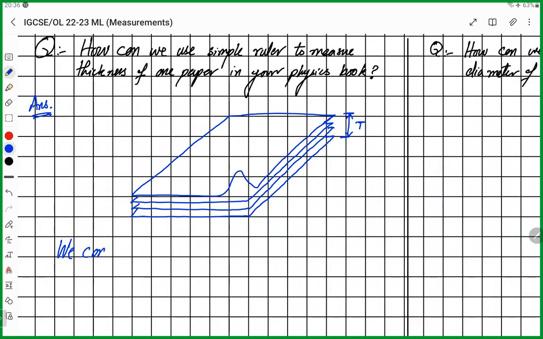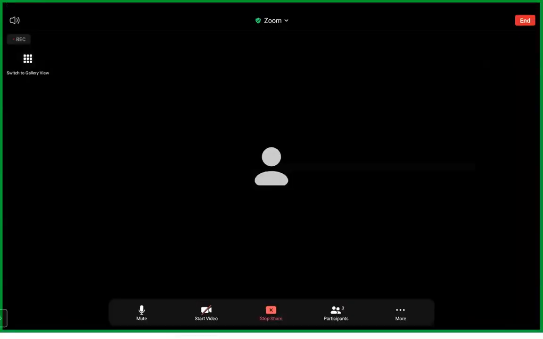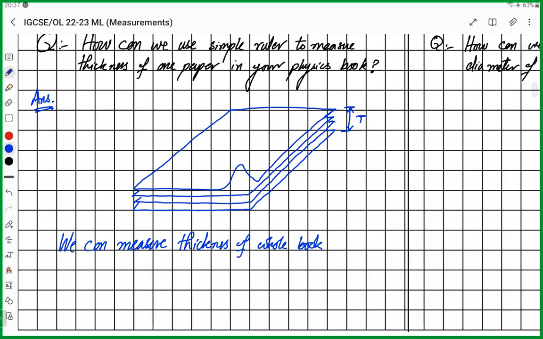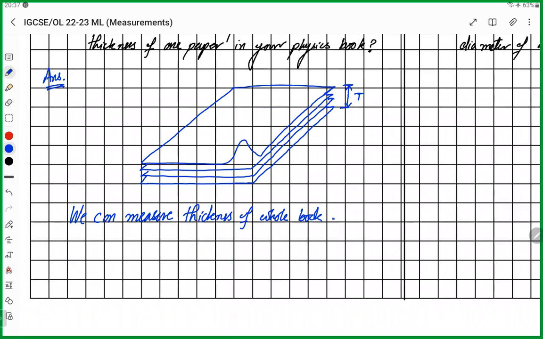We can measure the thickness of the whole book, equal to T. We can count the number of papers.